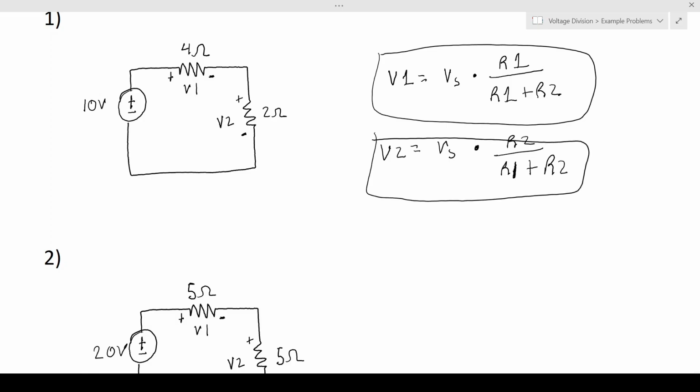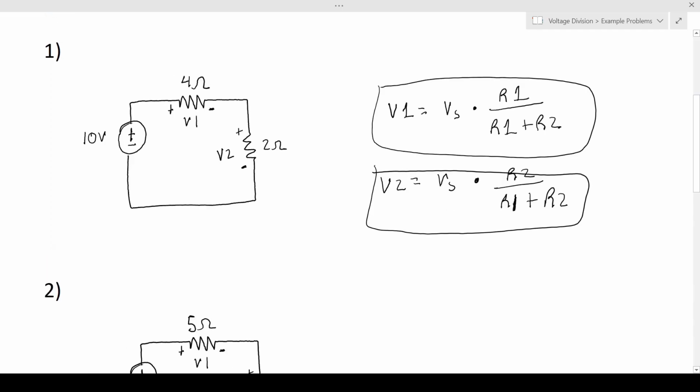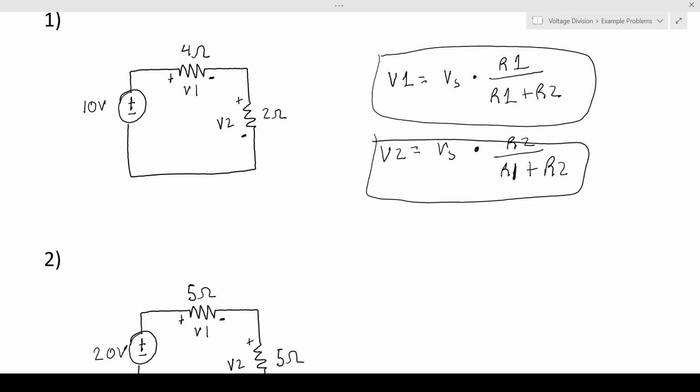And all we have to do is plug in the correct values for the specific variable. So in this case, Vs is equal to 10 volts, R1 is equal to 4 ohms, and R2 is equal to 2 ohms. So if we plug in the correct values, we should get this correct.